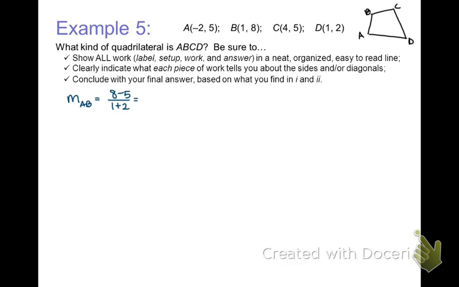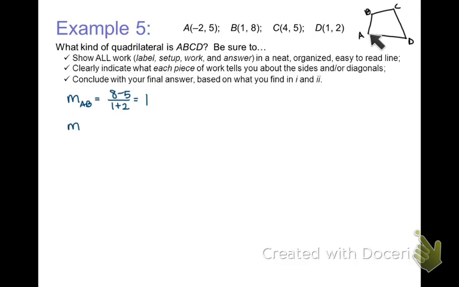I'm going to do this simplification in my head. So 8 minus 5 is what? 3 over 1 plus 2? 3 over 3 is 1.